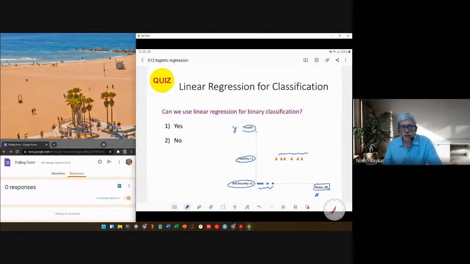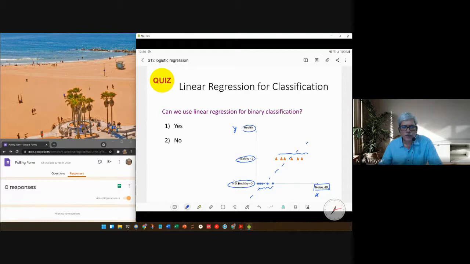Now, can you use the linear regression that we studied previously? Linear regression fits a line to the given data so as to minimize the error. We have seen the least squares cost function, in which we fit a straight line such that the deviation of each of the samples from that line is minimal.